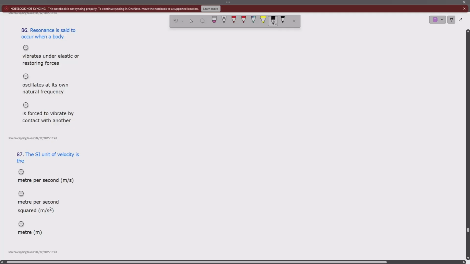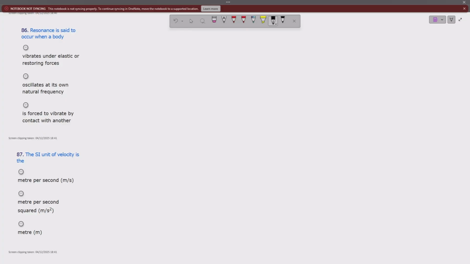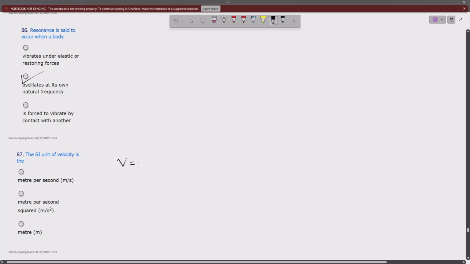Resonance is said to occur when a body vibrates under elastic or restoring forces, oscillates at its own natural frequency, and is forced to vibrate by contact with another natural frequency. 87. The SI unit of velocity is meters per second. Is it meter per second squared? No, that's meter per second.